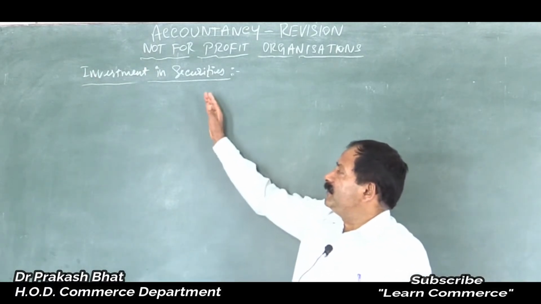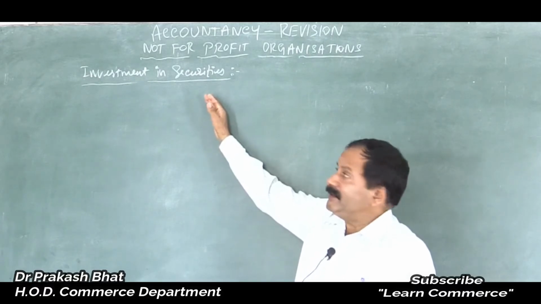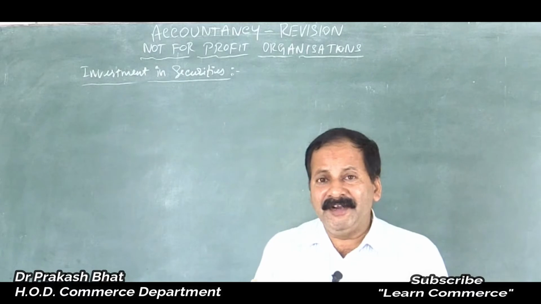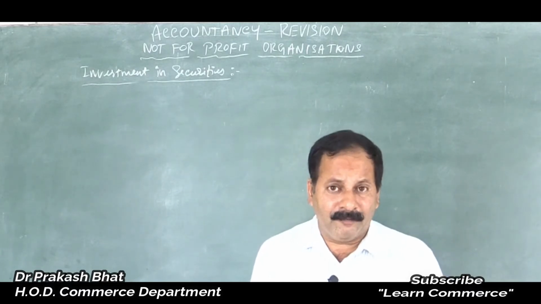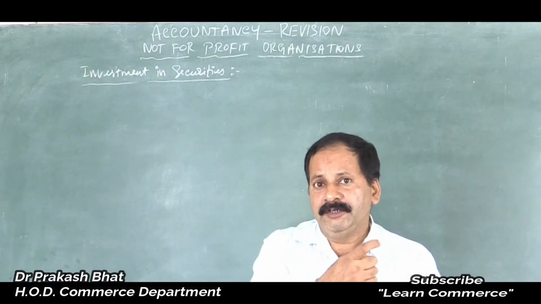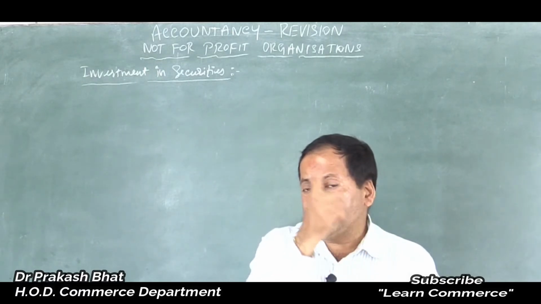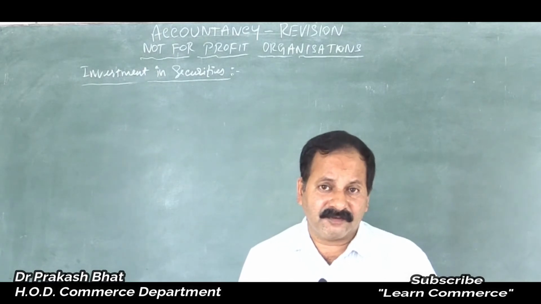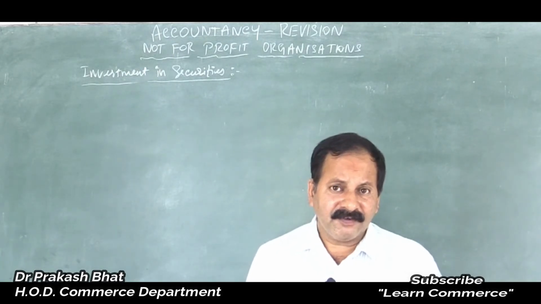If such an amount is invested in any securities, the income derived, the interest derived therefrom should be added to the concerned fund, and should not be credited to income and expenditure account. Remember this, correct?